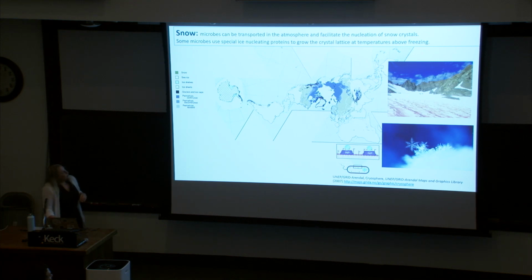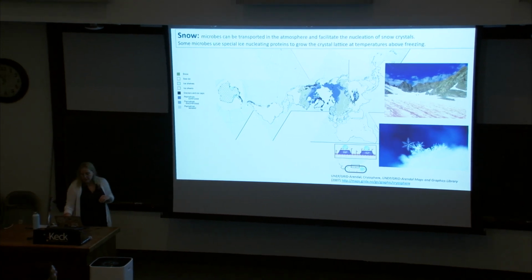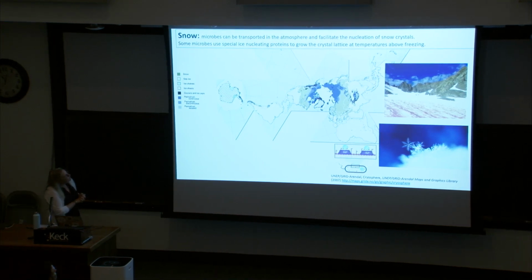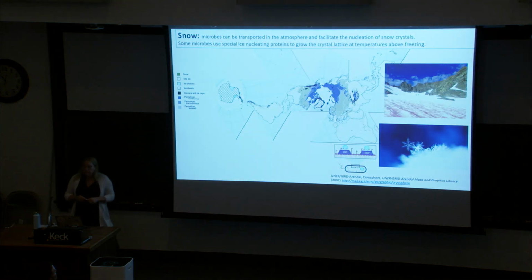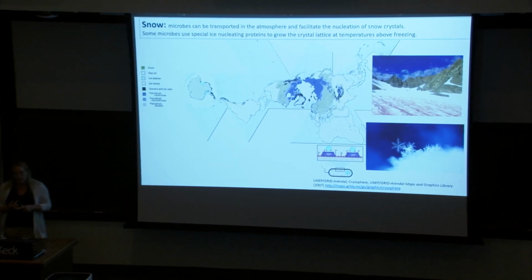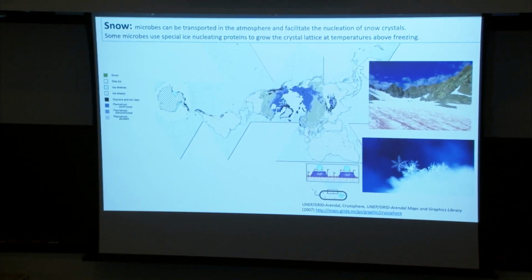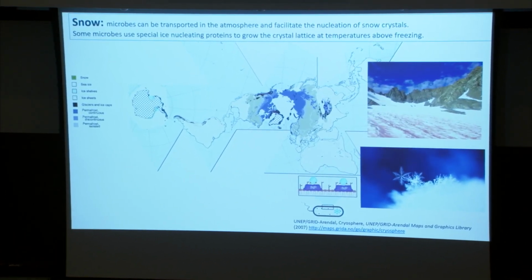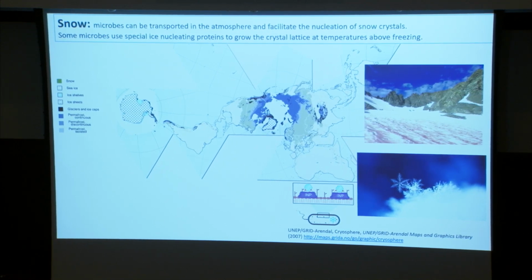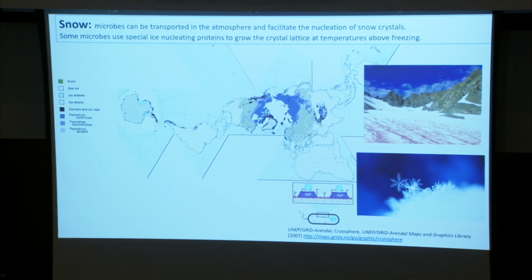In this area, we see areas of significant snow cover, shown here in green. The snow matrix is generally characterized by low temperatures, high ultraviolet radiation flux, and scarce nutrients. This leads to a relatively low abundance of microbes in snow. These microbes get here because they're transported in the atmosphere and deposited as snowfall.